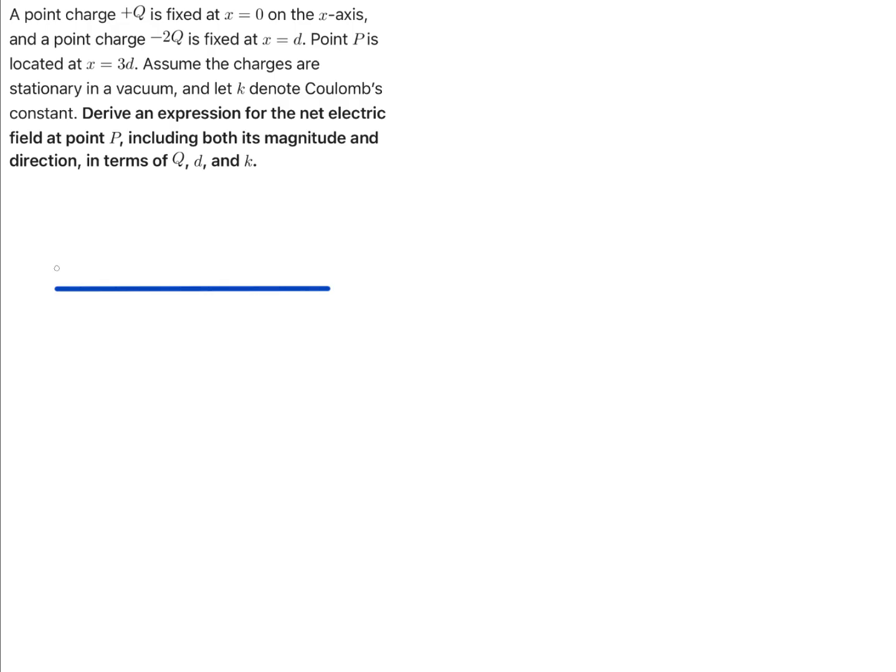So if we have that this end is x equals 0, then we have a point charge here with charge plus q. And then at some x equals d, where d is just some constant, we have another point charge, this time with charge minus 2q.